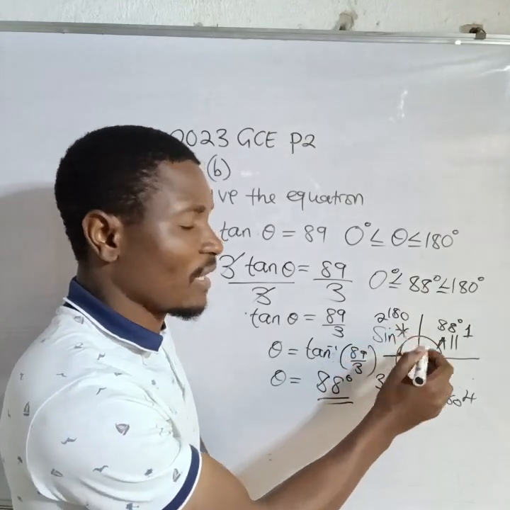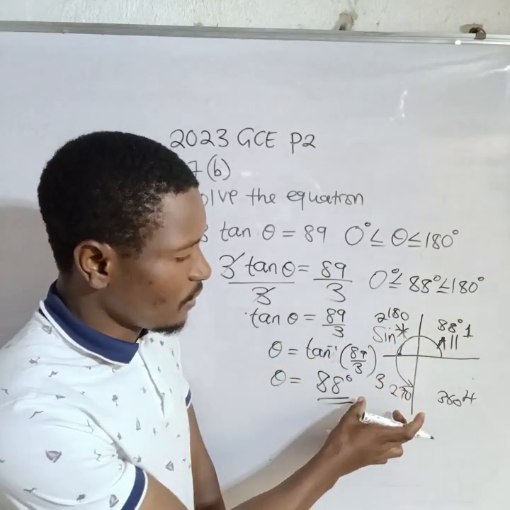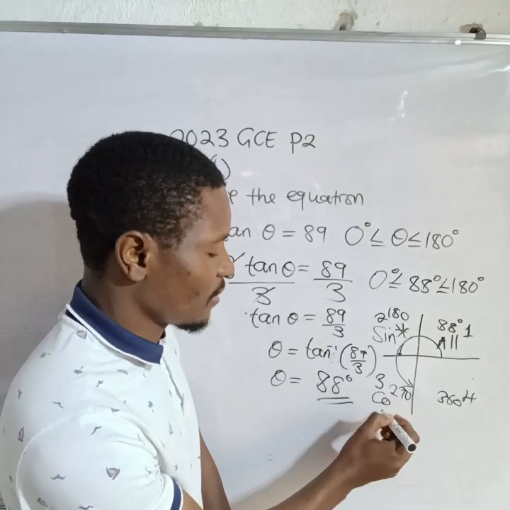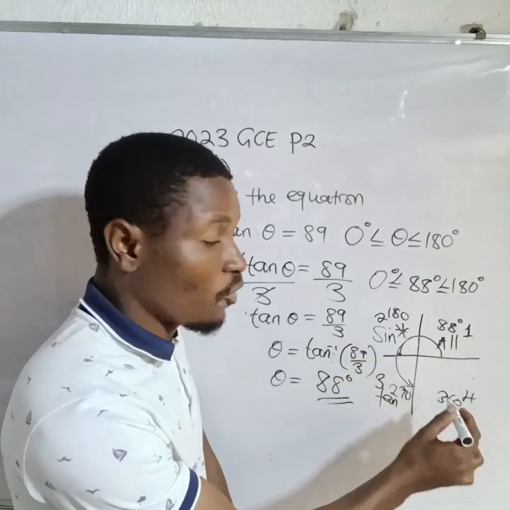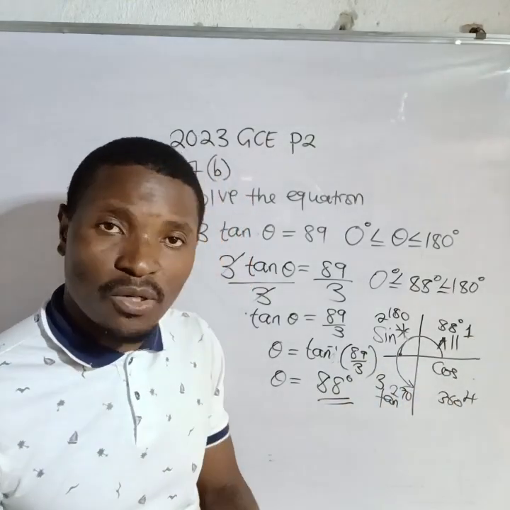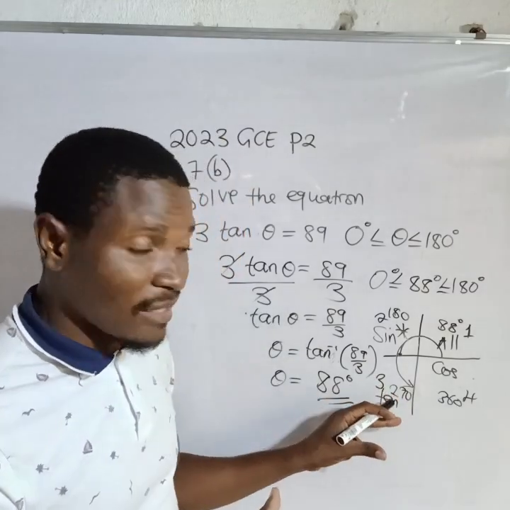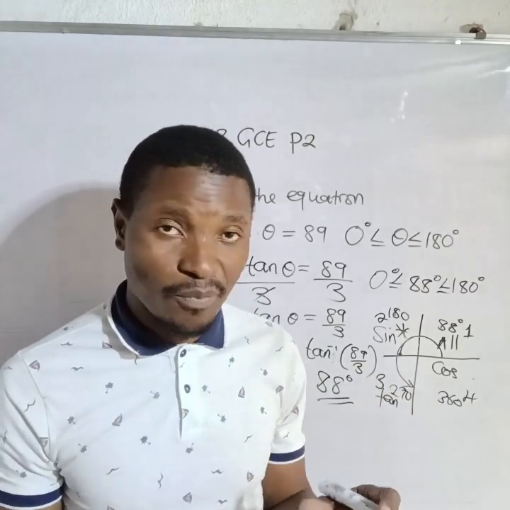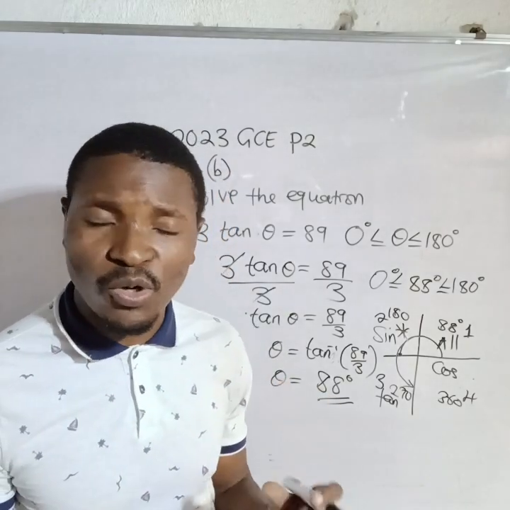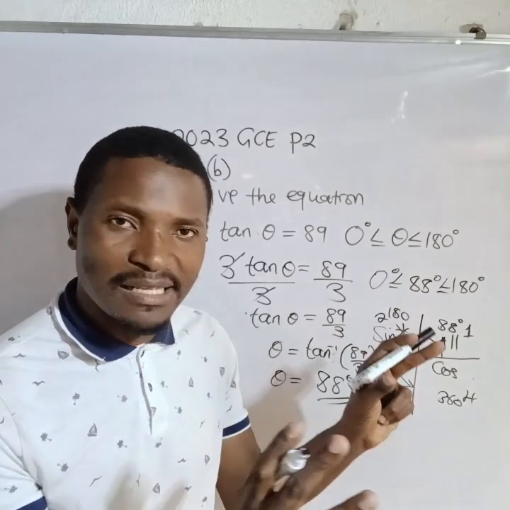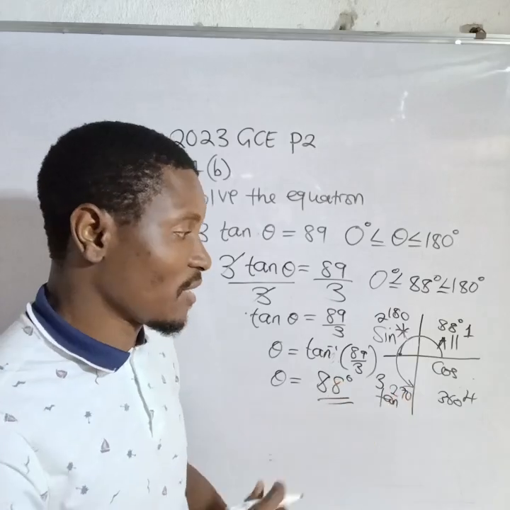So here we are not considering this one to be in the second quadrant. And then when we come to the third, it is tan, and then the fourth is cosine. So in the fourth quadrant, only the cos function can be positive, and in the third quadrant, only tan can be positive. So when you get this understanding, then you will be able to know in which of these quadrants you can get the angle for this theta.